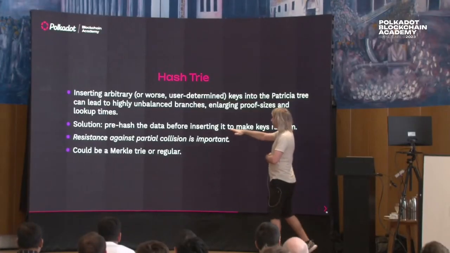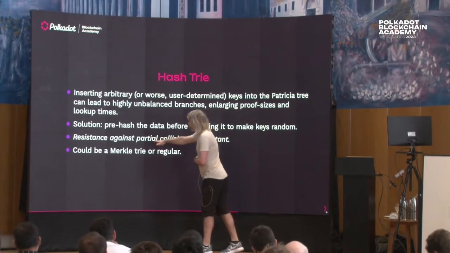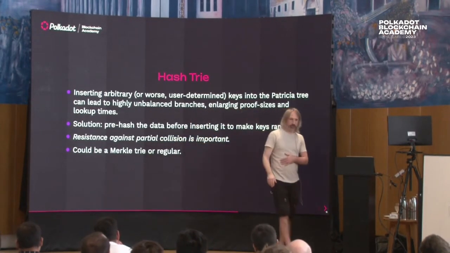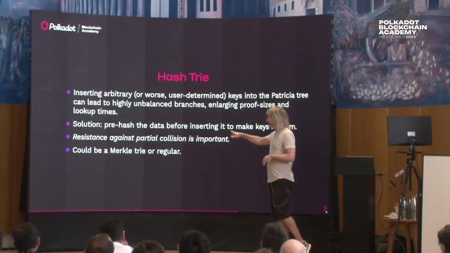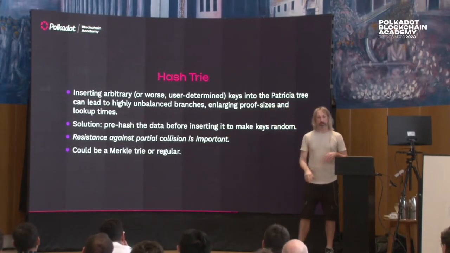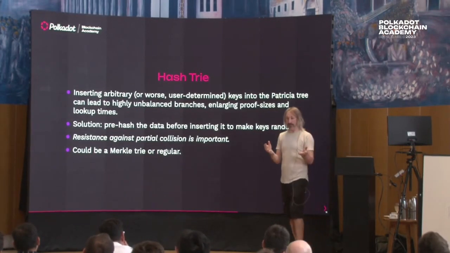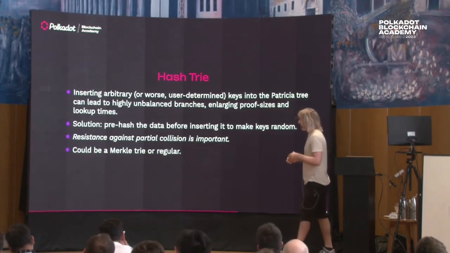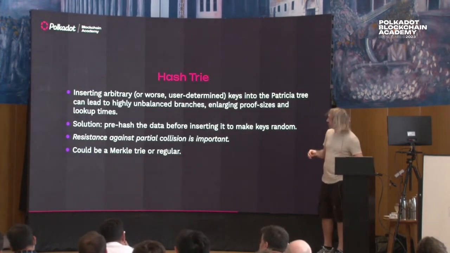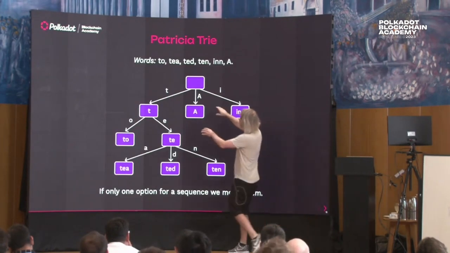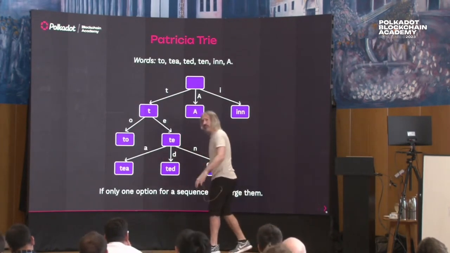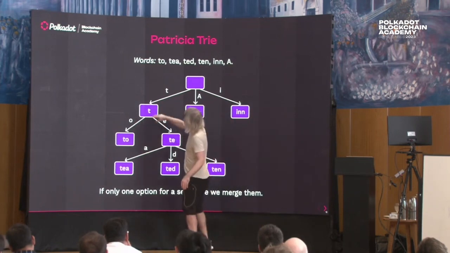So, the main point of this is, it's an example where partial collision, not full collision, but partial collision, matching a substring, or finding hashes whose substrings match, resistance against that is important. Because if you can make a substring, or a prefix in particular, match, then you can start bulking things towards the bottom with a few bits spread up at the top.